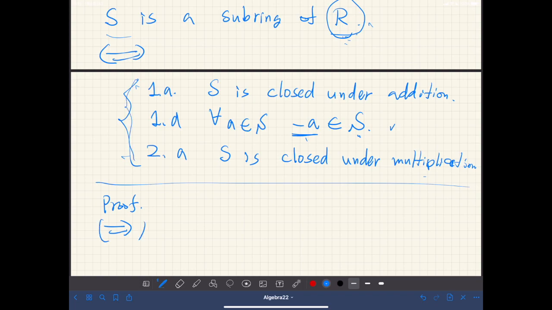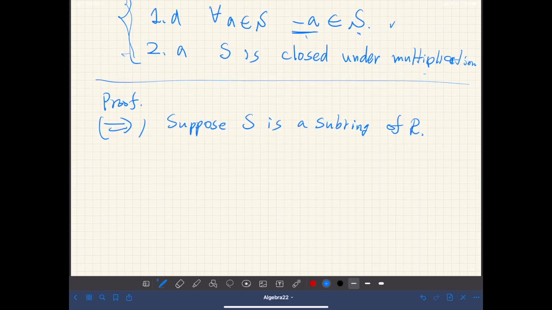This is easy. Suppose S is a subring of R. So basically S is a ring.